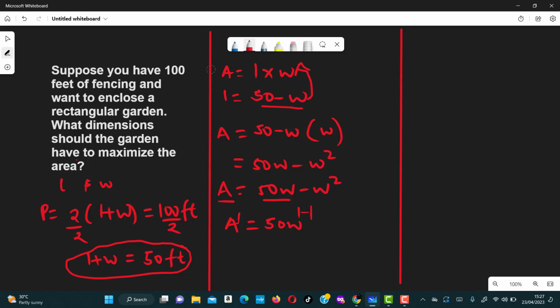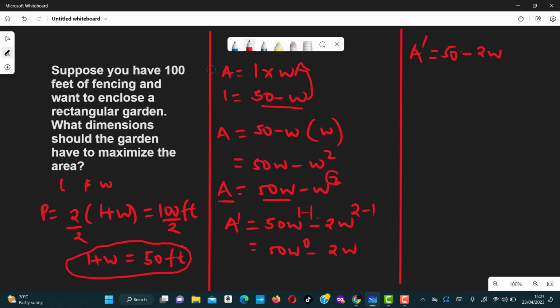That gives us 1 minus 1. Then for the minus W squared, we take 2 multiplied by W and reduce the power of W by 1. This gives us 50W to the power 0 minus 2W. W to the power 0 is the same as 1, and finally the derivative of the area will be 50 minus 2W.